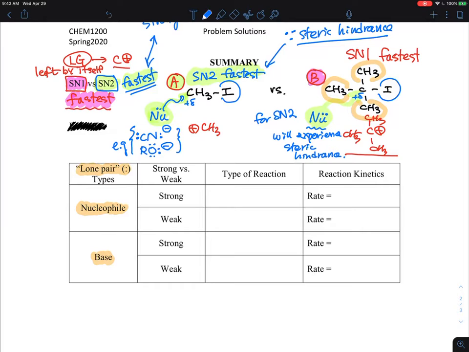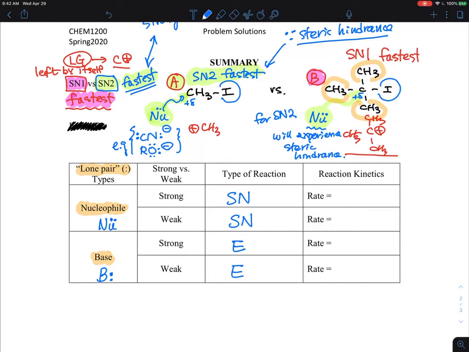People write Nu for the nucleophile, and the base is something with lone pairs, labeled B. That's an unusual notation people use. Nucleophile itself means you are already having an SN type reaction, whether it's a strong nucleophile or a weak nucleophile. And when you have a base, you're already saying that this is an elimination reaction. The reaction type is already defined here.